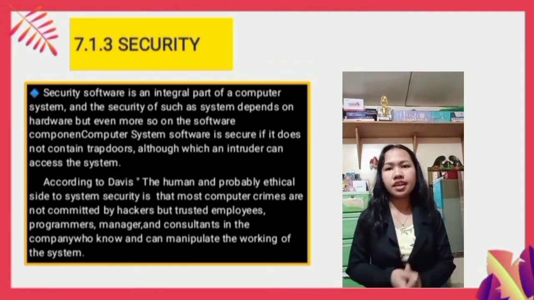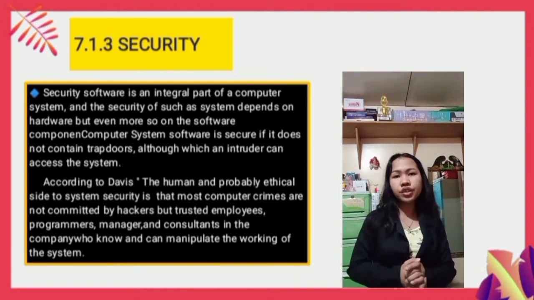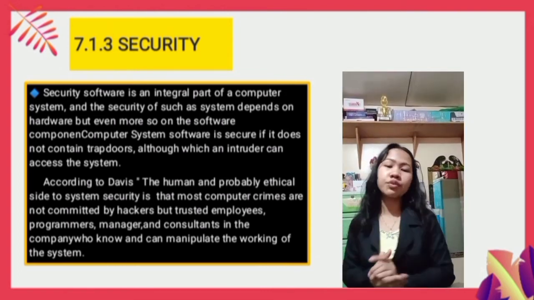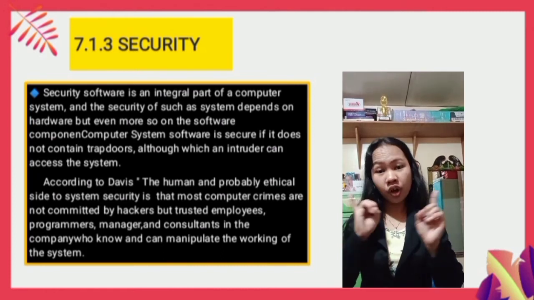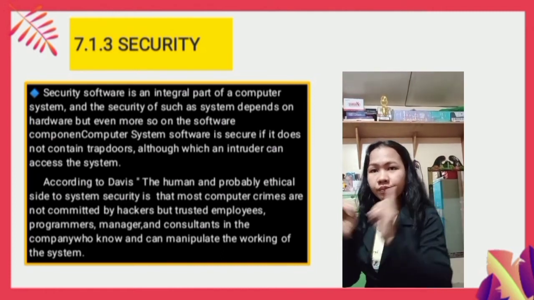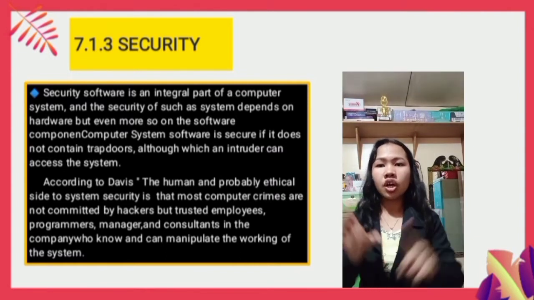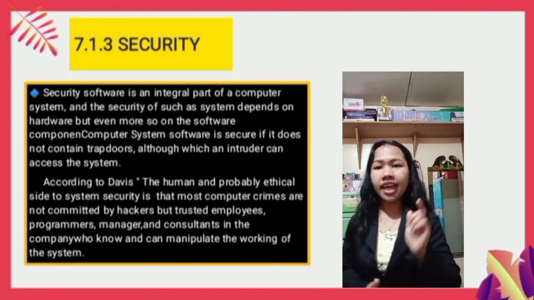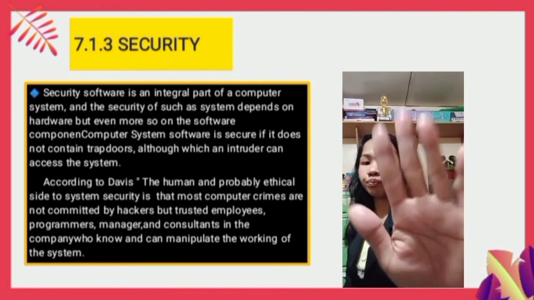According to Davis, the ethical side to system security is that most computer crimes are not committed by hackers, but by trusted employees, programmers, managers, clerks, and consultants in the company who know and can manipulate the workings of the system.